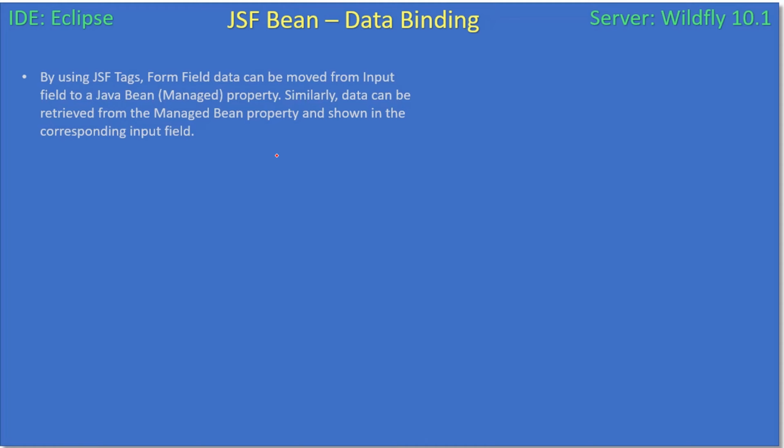Also from the Java bean to the form field. So both directions are possible. We can take data from the form field and store it inside the managed bean, and when required we can retrieve data from the managed bean and display that in the HTML page.